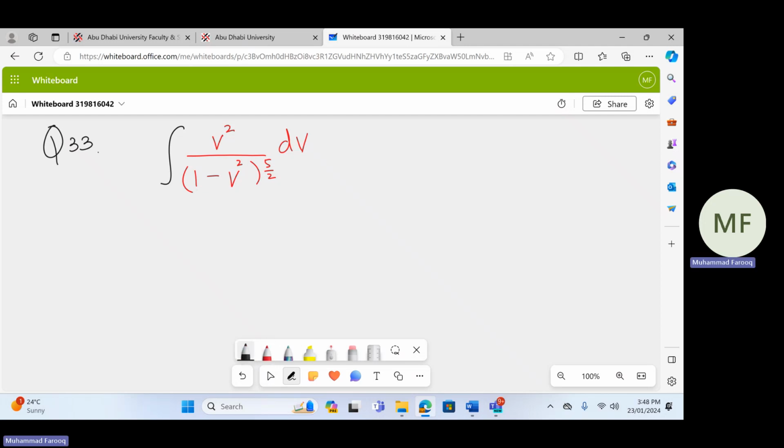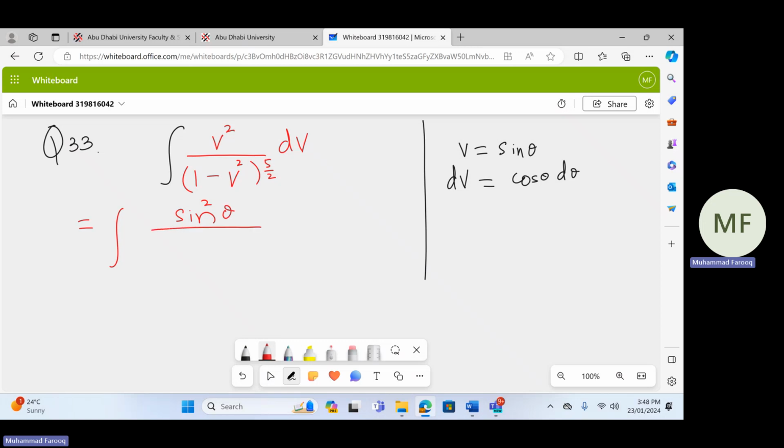Let v equal a sine theta, but a is one. And dv is cosine theta d theta. So we integrate v squared, which is sine square theta, divided by 1 minus sine square theta, which has power 5 over 2, and then dv is cosine theta d theta.